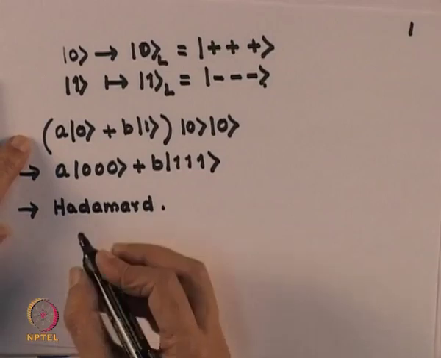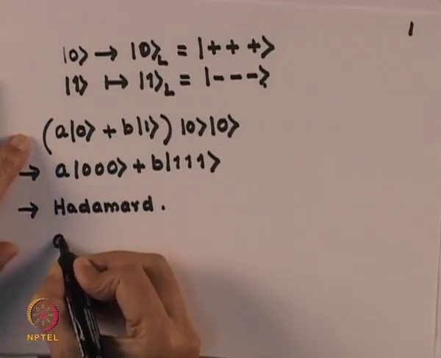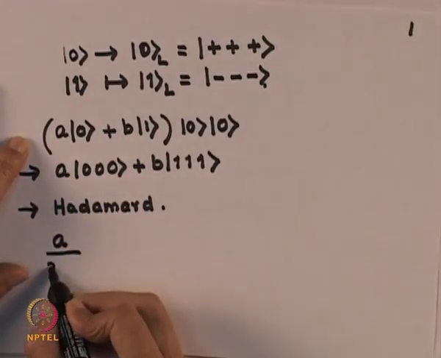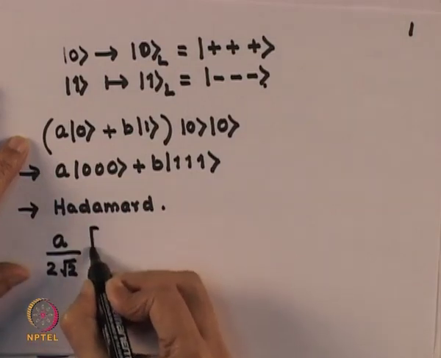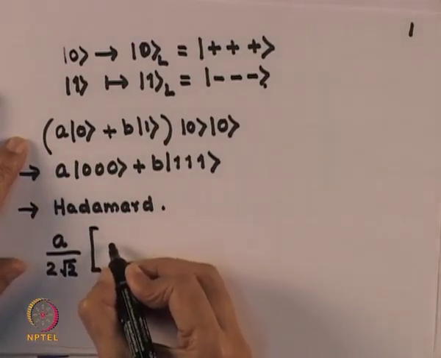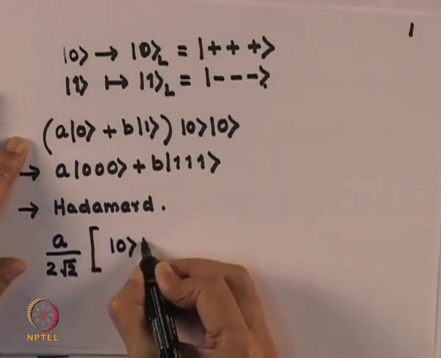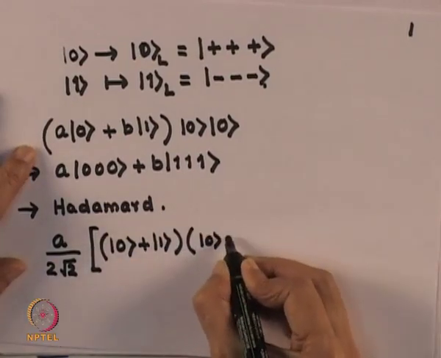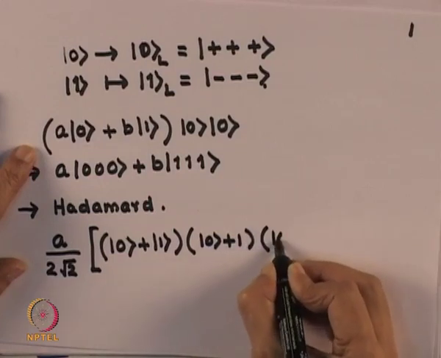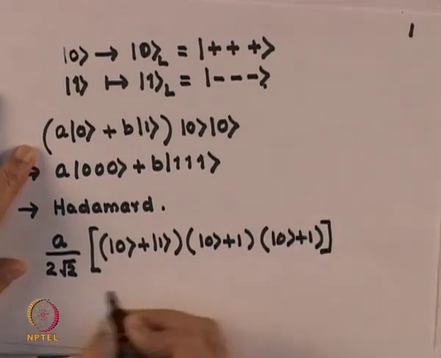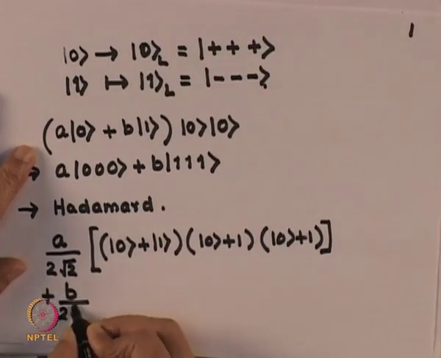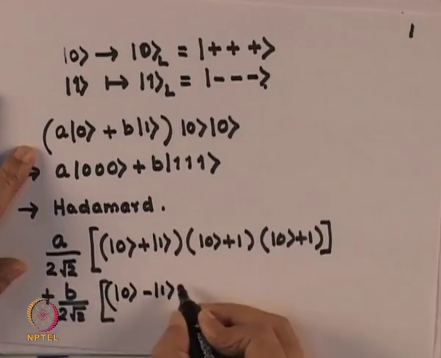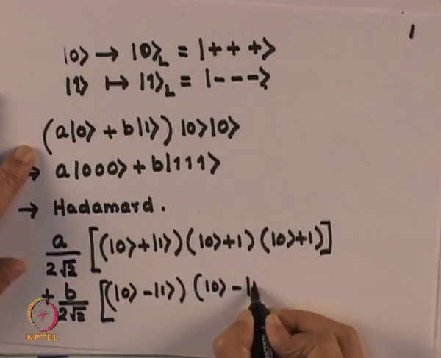Okay, let us look at what we get. We would have A. Since there are 3 of them being used for the Hadamard gate, I will get A by 2 square root of 2, then 0 plus 1, 0 plus 1, 0 plus 1, and likewise the second term, which is B by 2 square root of 2, 0 minus 1, 0 minus 1, and 0 minus 1.